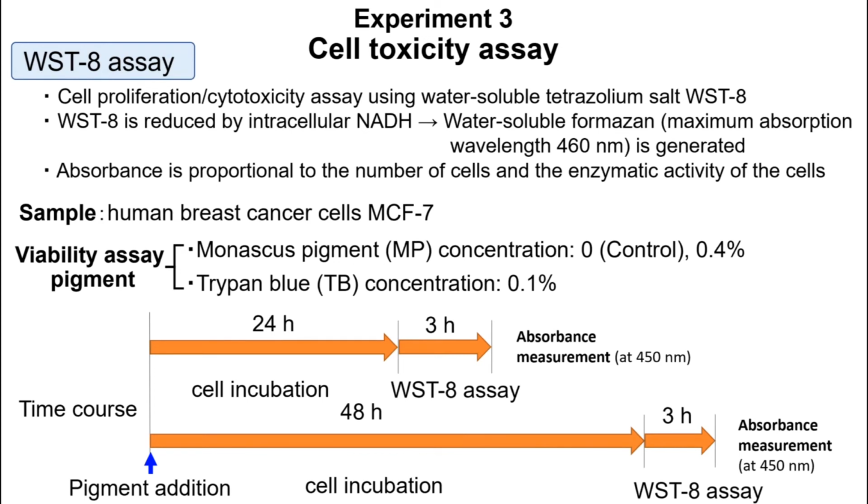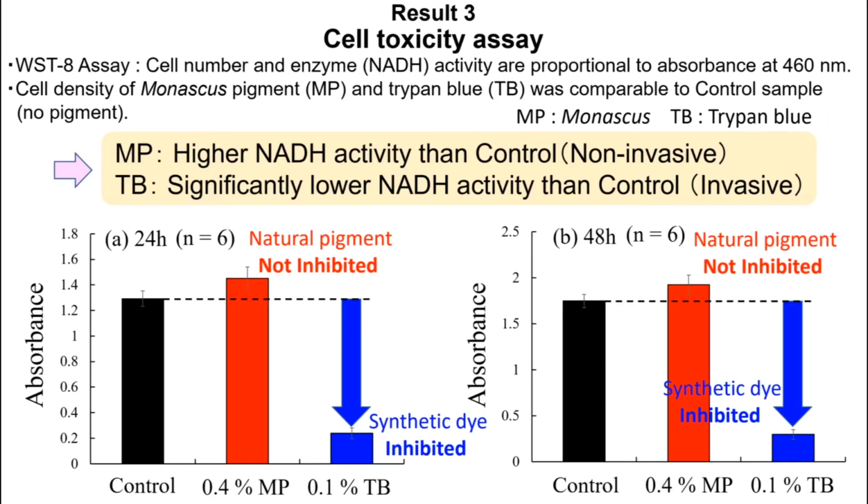The absorbance of the samples was measured. Here is the result. The left graph shows the result 24 hours after the addition of pigment, and the right graph shows the result 48 hours after the addition of pigment. Cells treated with no pigment were used as control.